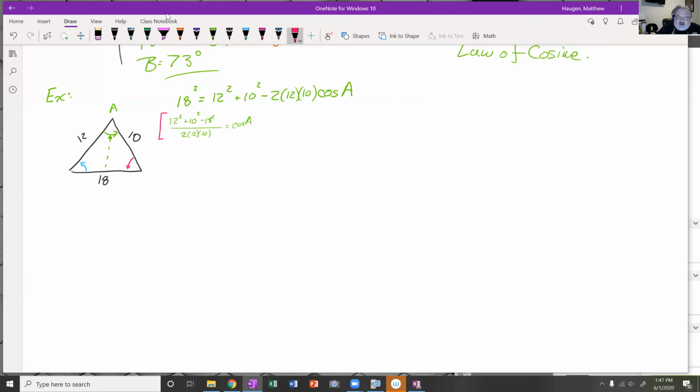So if you're trying to use law of cosines to find angles, some people will just go right to that as if it's a different formula. It's just the same formula solved for cosine anyway.